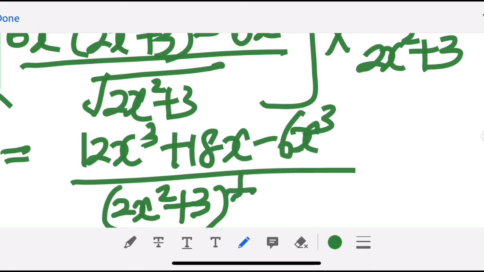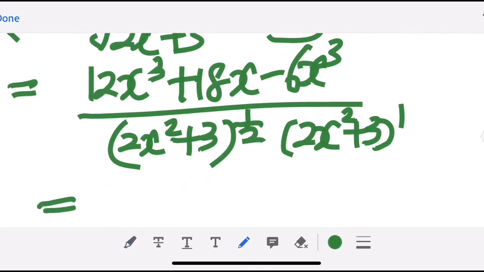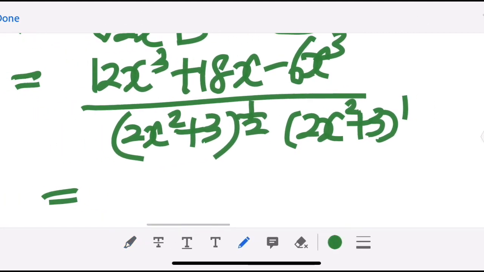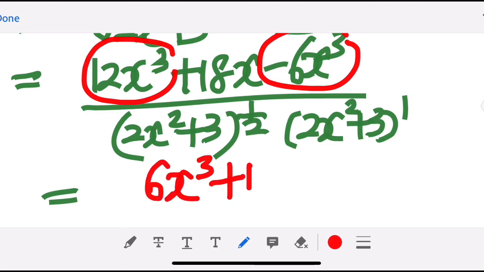Square root is power half, right? And then we have 2x squared plus 3, which is power 1, right? So now we can simplify further. We have the like terms, which are these terms. Let me highlight to you. We have x cubed minus, right? So we can actually simplify, becomes 6x cubed plus 18x.